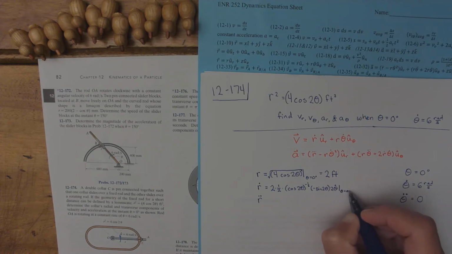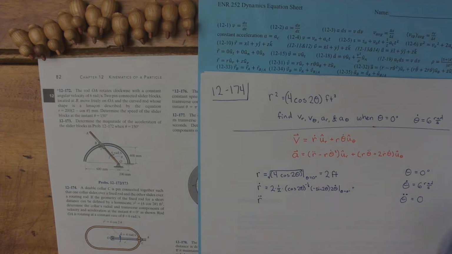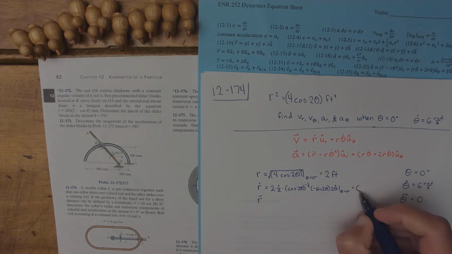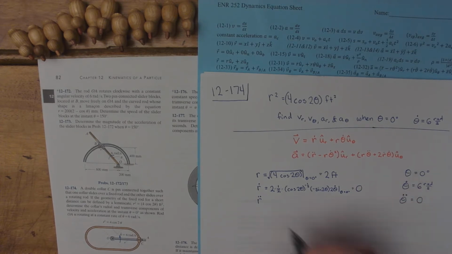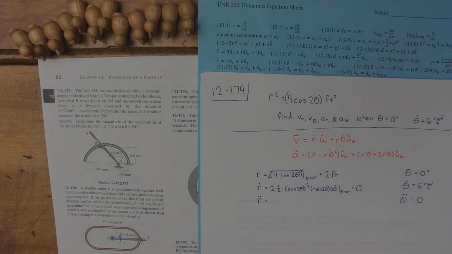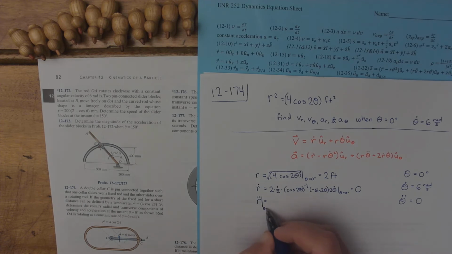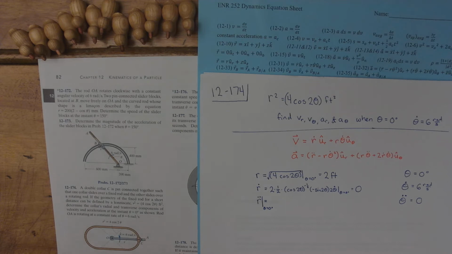Evaluated when theta is equal to 0 degrees and theta dot is equal to 6, well, that doesn't matter because you have sine of 0 degrees, and that is equal to 0. Now we have to take the derivative again. However, if we think about what we're going to get when we evaluate this when theta is equal to 0 degrees, it will make taking the derivative a lot easier.